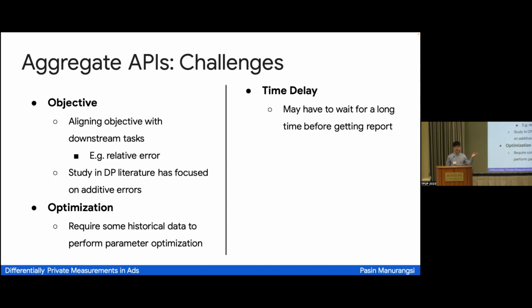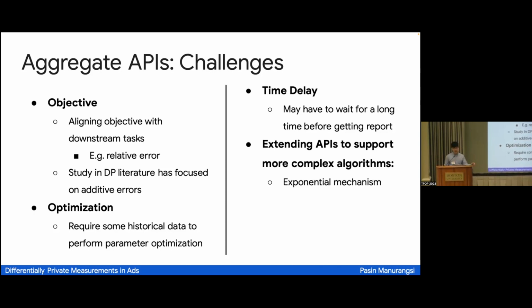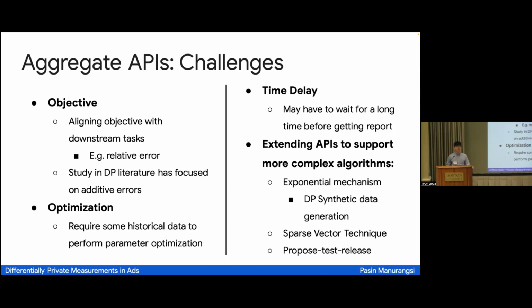Or you can go to the opposite end and wait for a long time to get the report, but then you have a lot of delay, and maybe that's undesirable because it takes a longer time for you to react to any signal. And as I said earlier, the API is still pretty basic. It's literally just a histogram, summing them up and returning you a noisy histogram. So it cannot implement some other more complicated algorithms, even the exponential mechanism or sparse vector technique or propose-test-release.